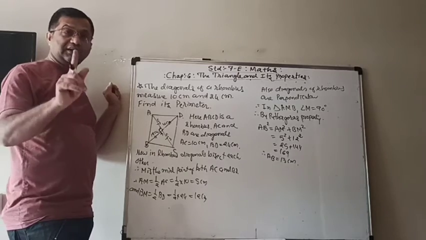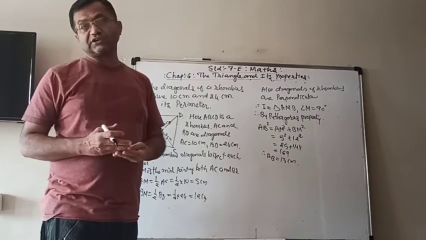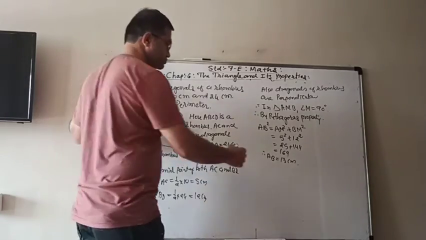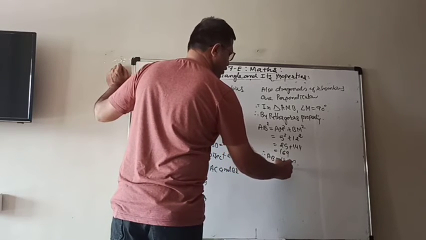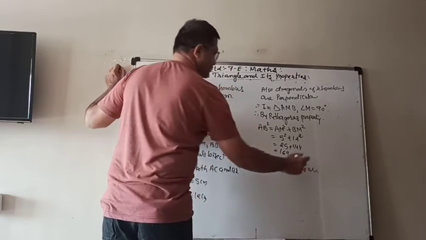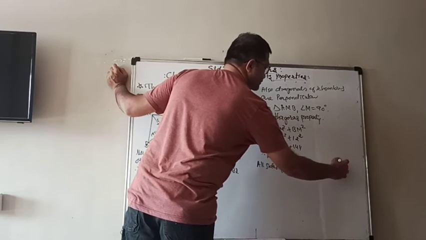Now we got one side, but we have to find the perimeter. But we know that the rhombus has all 4 sides equal. All sides of rhombus are of equal length.